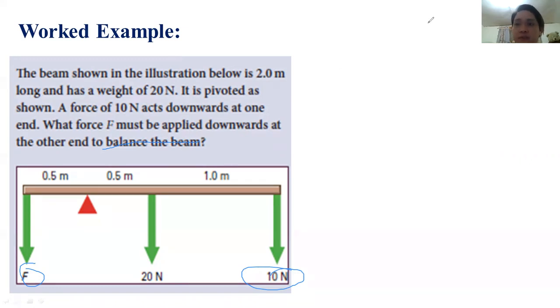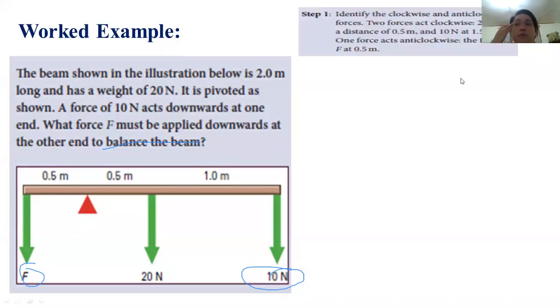Based on the problem, the first step that we are going to do, class, is to identify the clockwise and anti-clockwise forces. Based on the illustration, we can say that two forces act clockwise. What are these two forces? These are 20 newton at 0.5 meters, and the 10 newton, as I encircled a while ago, at 1.5 meters.